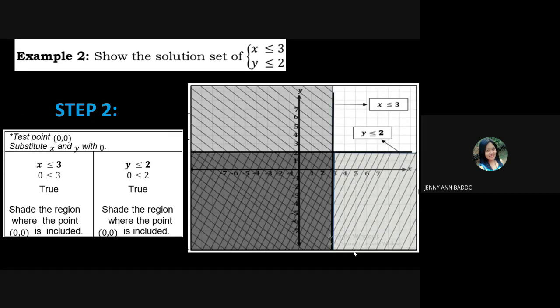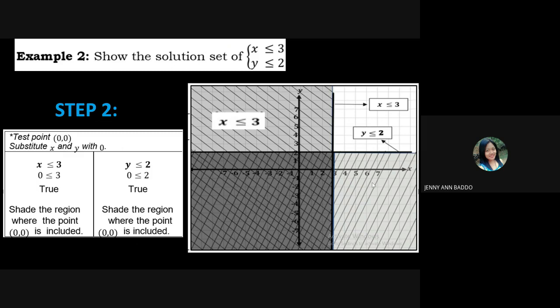So on the graph, for x is less than or equal to 3, we have to shade the point where (0, 0) is found. So that means the shaded region is on the left side of the boundary line. So this is where x is less than or equal to 3 is found.